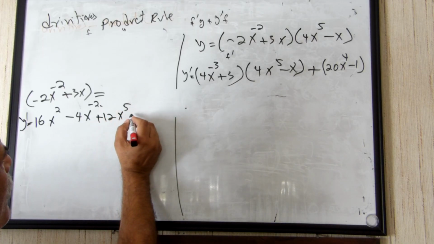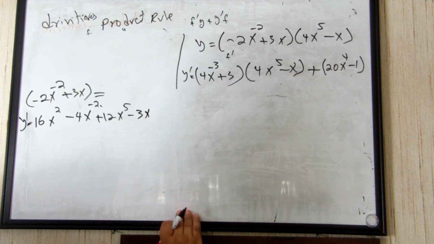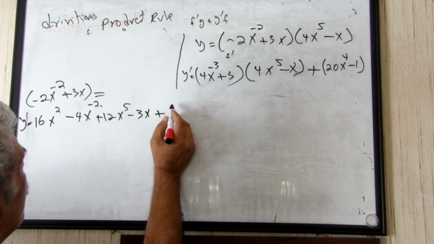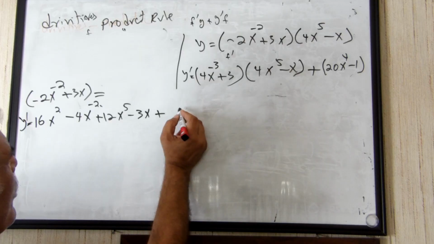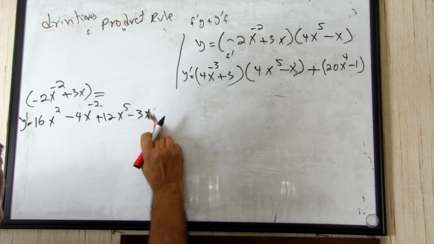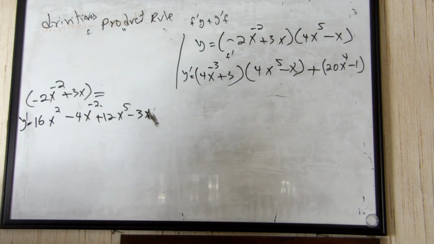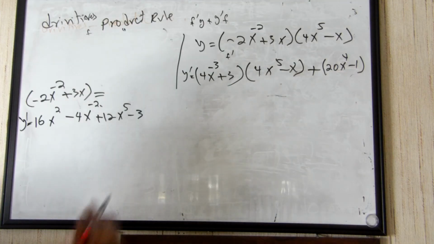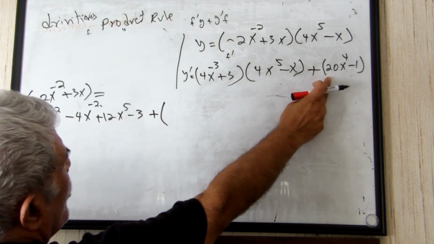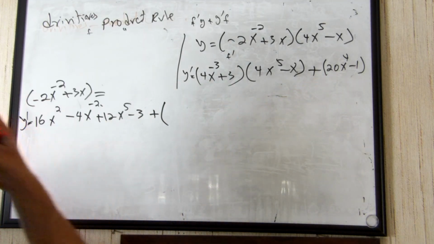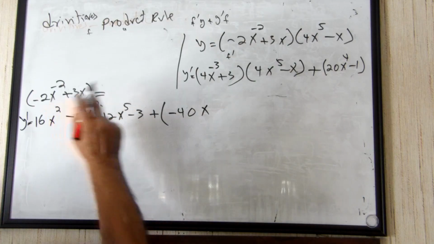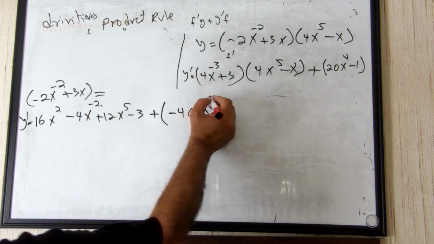12x^5 minus 3x, okay, and then plus this one, 20x^4 times this one is going to be minus 40, but let's put it in parentheses, because 20x to the power of 4 times minus 2 is going to be minus 40, x to the power of minus 2 plus 4 is going to be plus 2.